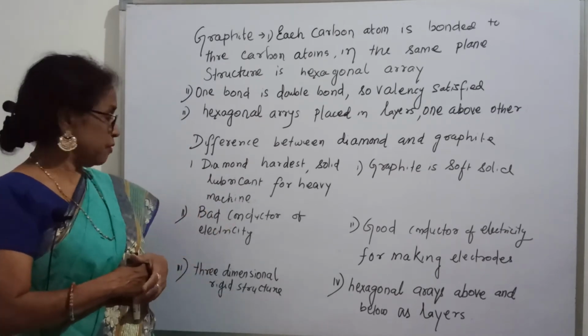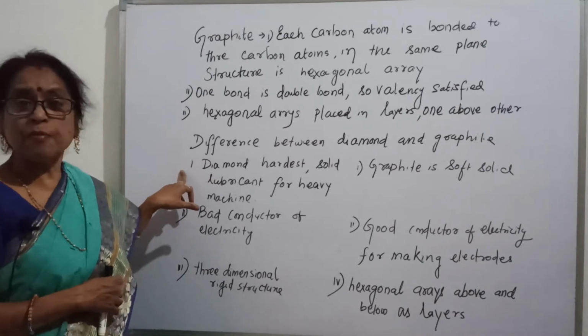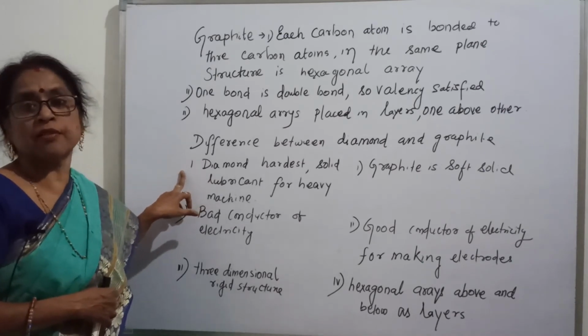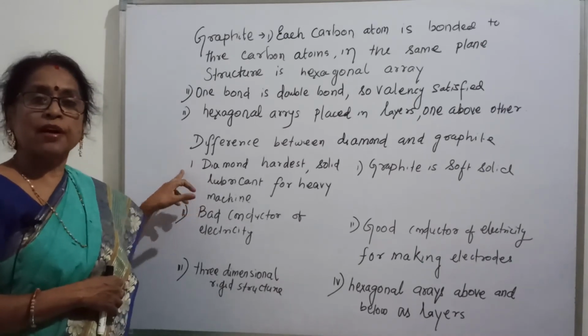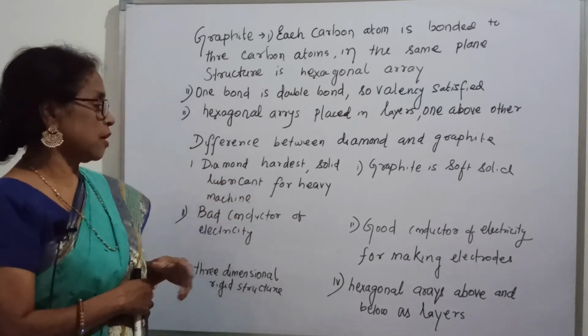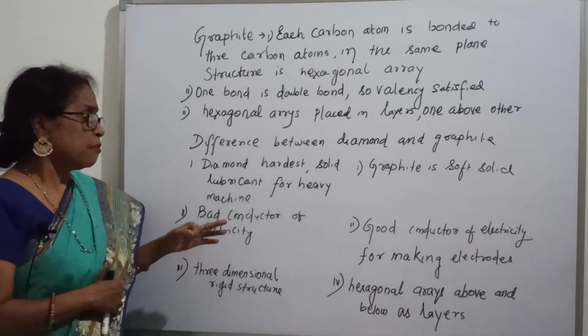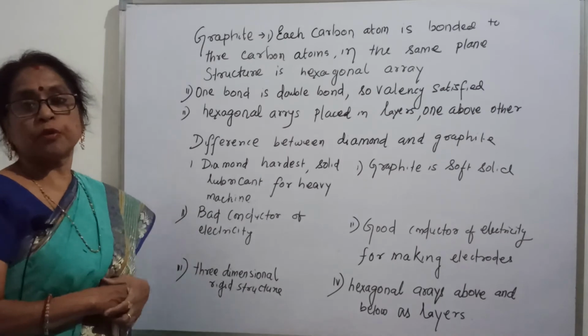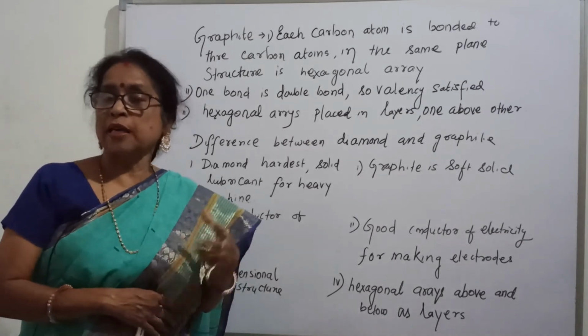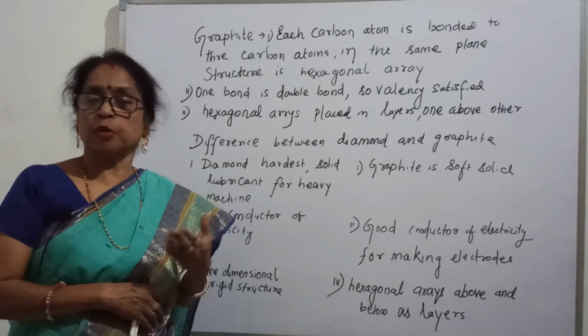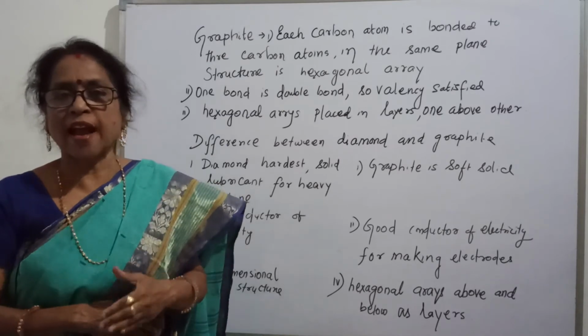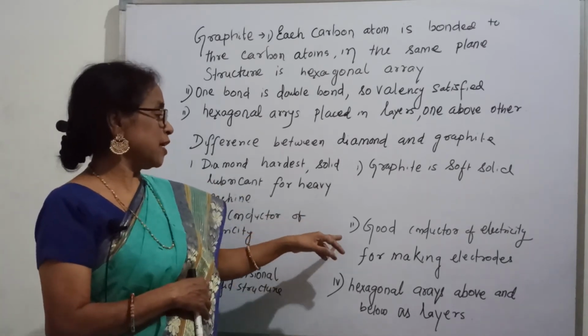Now, diamond is a very bad conductor of electricity, very important, whereas graphite is a good conductor of electricity. It is also required for making electrodes. In a battery, you know, there are 2 parts, a positive electrode and a negative electrode, the cathode and the anode. That is very important.